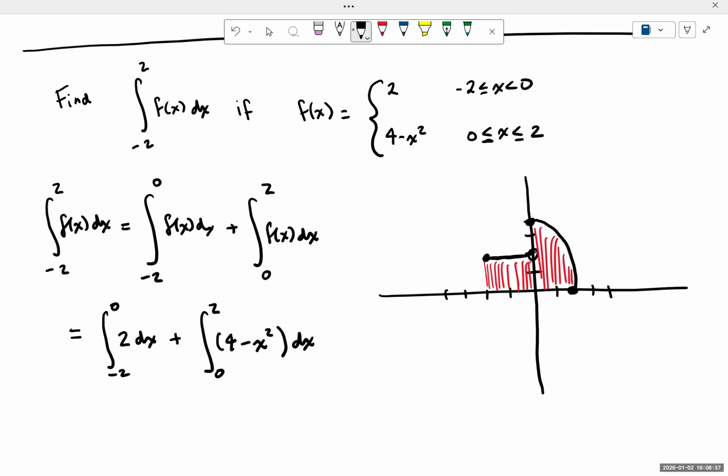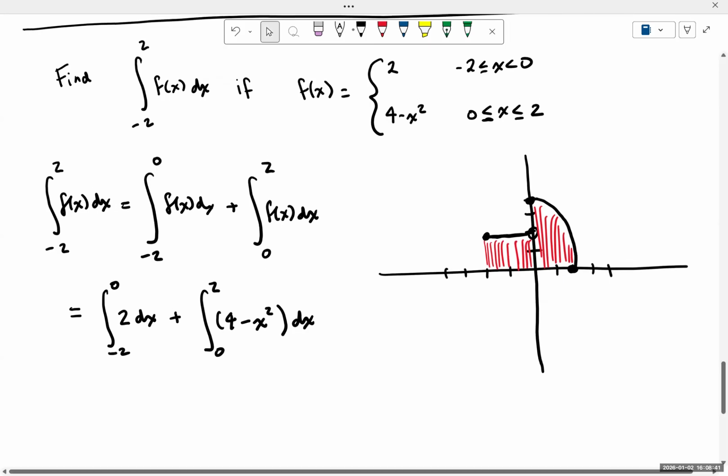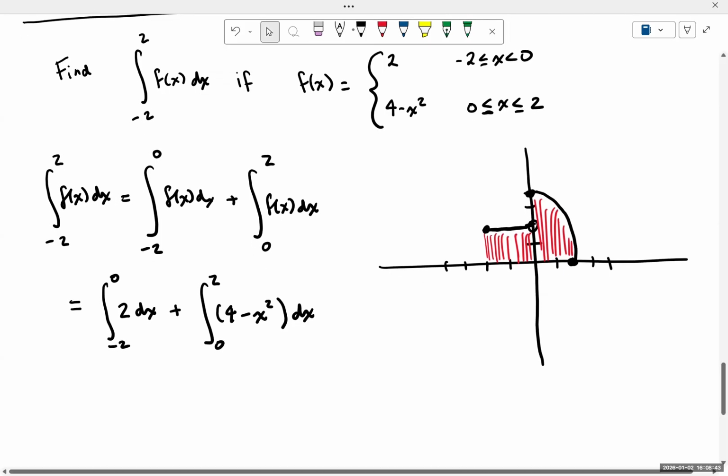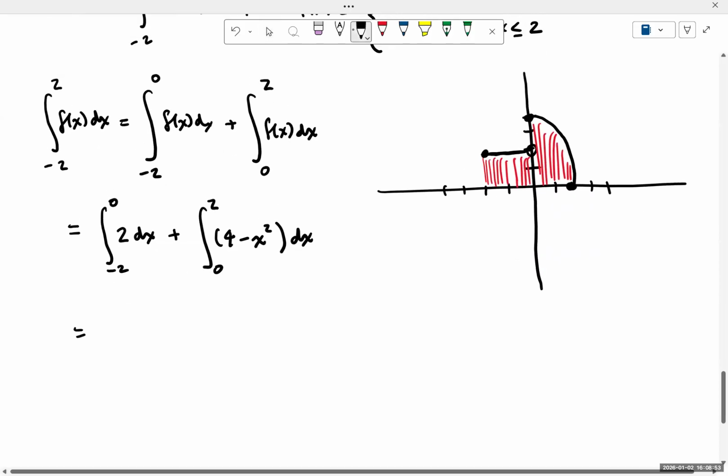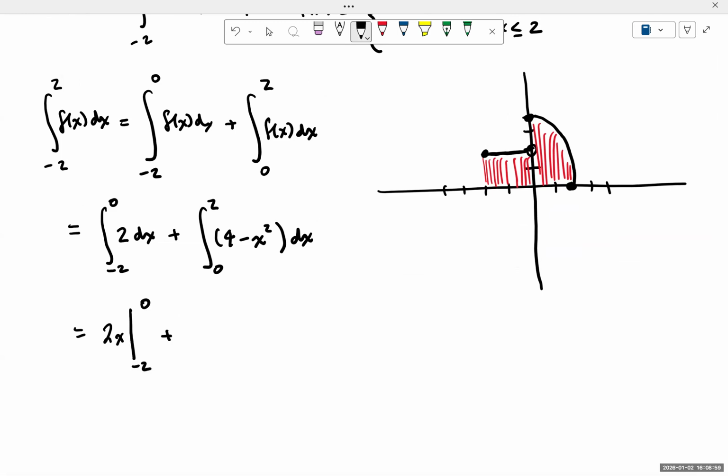Okay, so here we have this, and now this is easy. The hard part was figuring out what property we had to use, but now both of these integrals are super simple. So this is going to be 2x, and then this is 4x minus x cubed over 3 from 0 to 2.